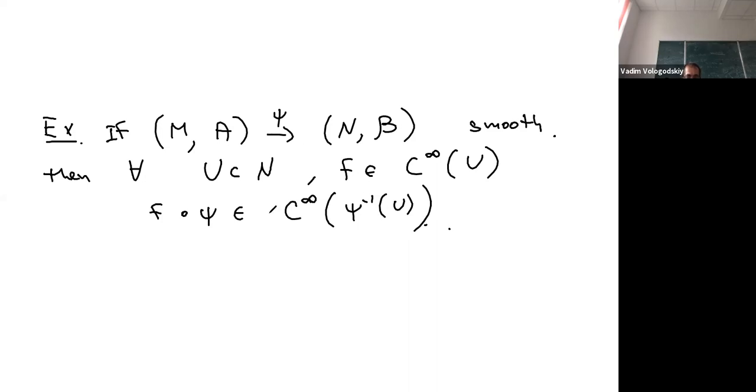This is something that we must have, and if we do not have it, it would mean that the definition should be modified. But in fact, it's a corollary of that global statement. Okay. So now I want to give you some examples.